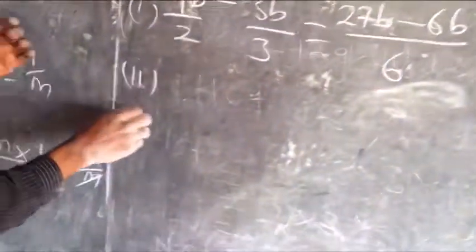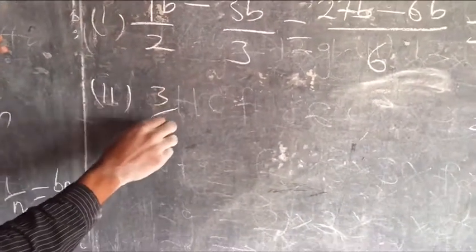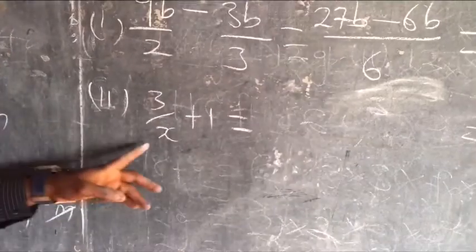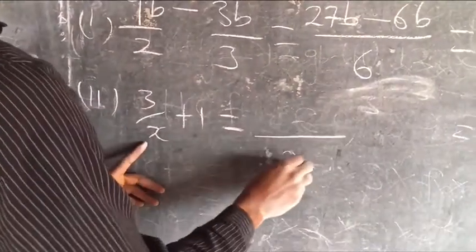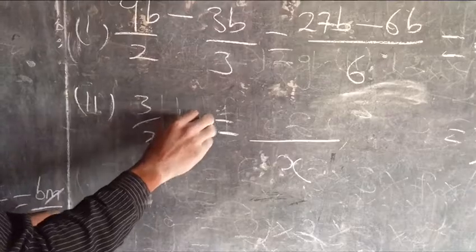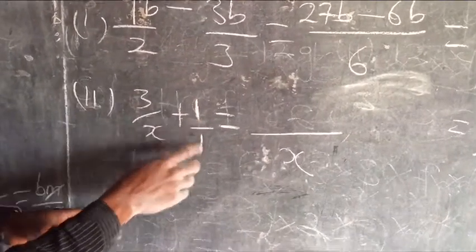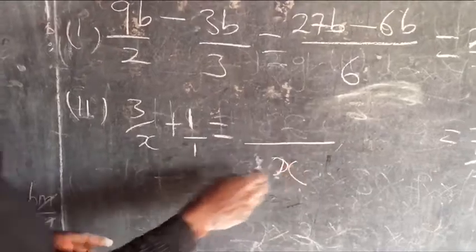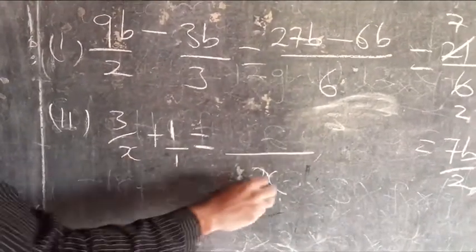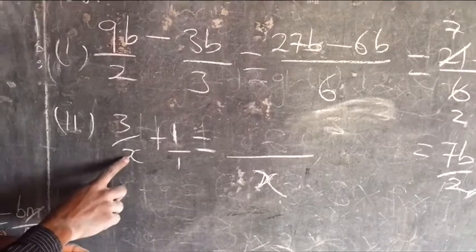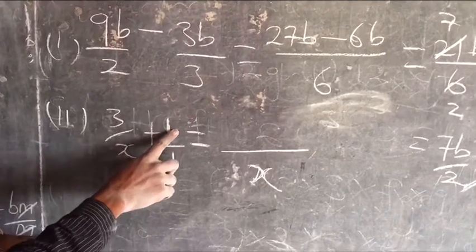Number 2, we will do 3 over x plus 1. Another way we will do one, we will just carry x. Abi? This one is a fraction. Everything we stand a fraction, but it is over 1. So if we times this one and this one, we will get x. Abi? So what we will do, we say, we times this one by 1.